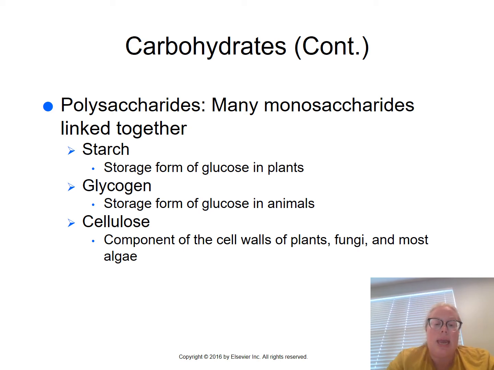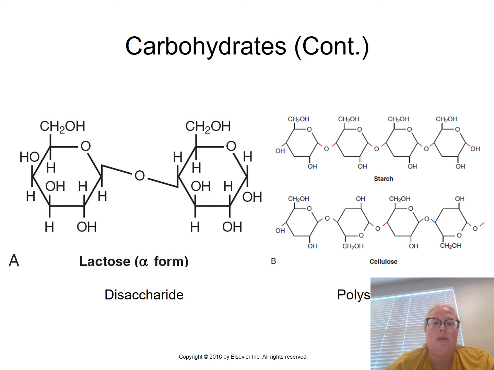Starch in plants and glycogen in animals are polysaccharide storage forms of glucose. The most abundant polysaccharide is cellulose, a major component of the cell walls of plants, fungi, and most algae. If we look here at figure 2.14, you see the carbohydrate structure of a disaccharide and a polysaccharide. So the disaccharide's there on the left, and then you see the polysaccharide on the right.